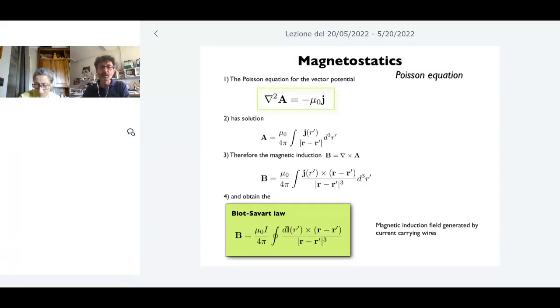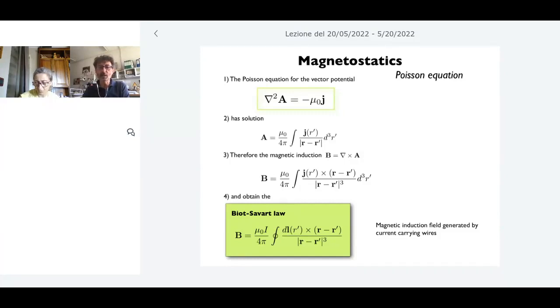So there is a weight, which is 1 over the distance between the point where you want to compute the vector potential, so point R, and the point where the sources are, R prime. This integrated factor is multiplied by the current and integrated over the whole space, and then this multiplying factor, 1 over 4 pi, gives the vector potential.